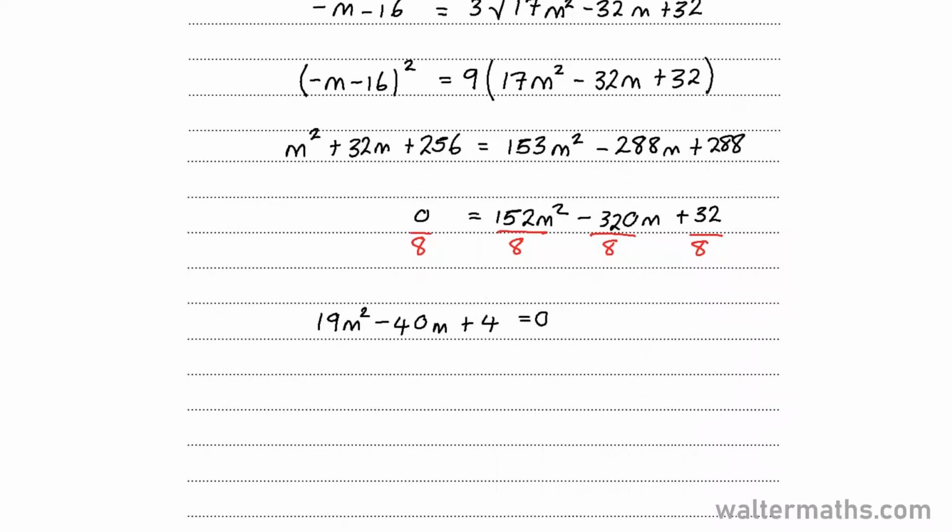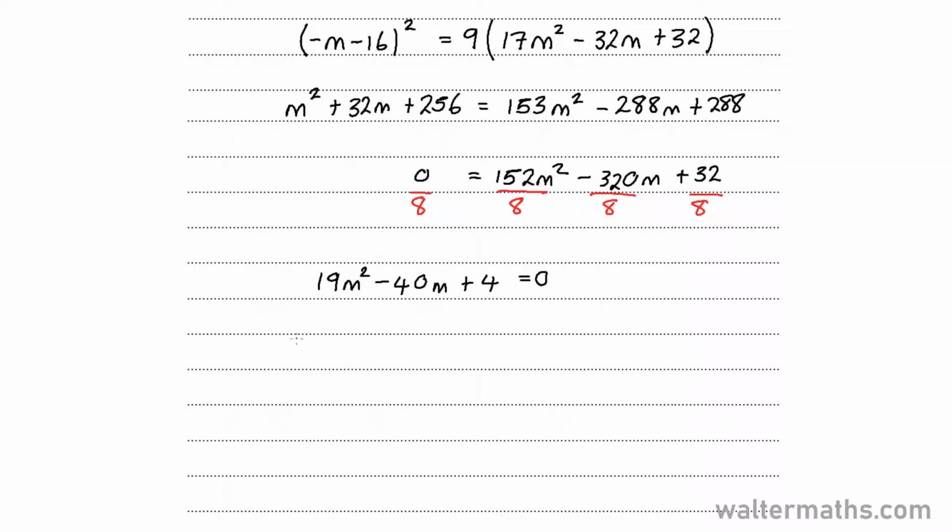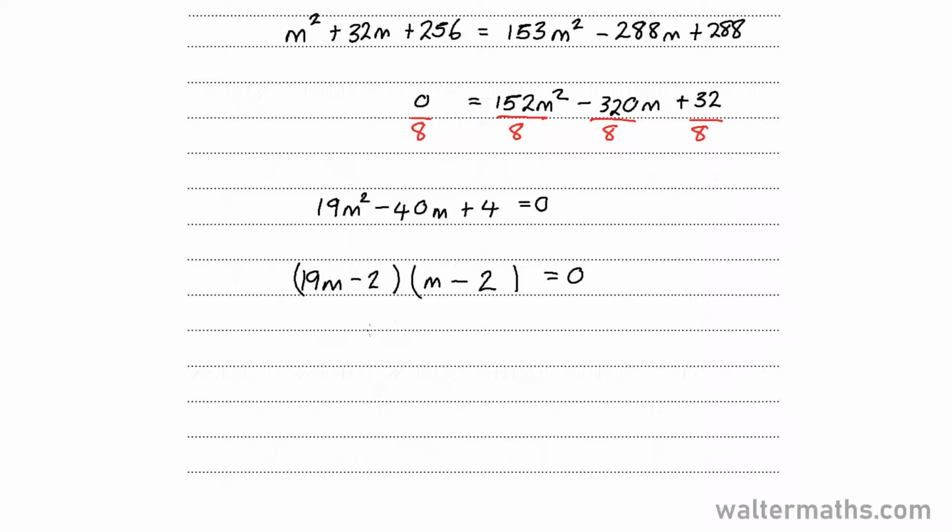Now with what we have, we are going to solve for M. So here, if we factorize this, we are going to get 19M here and M here, and then minus 2 and minus 2. So the possible values that M can take are M is equal to 2 over 19, or M is equal to 2.